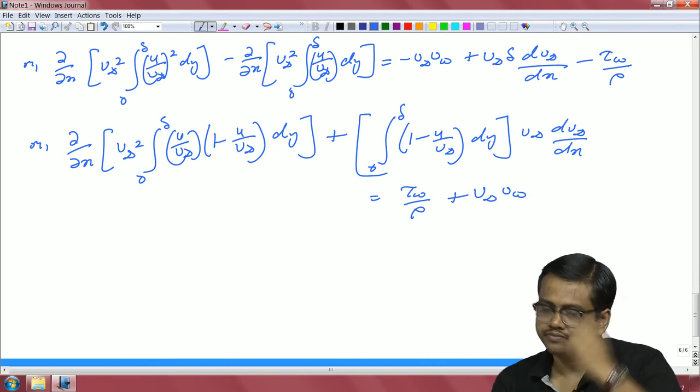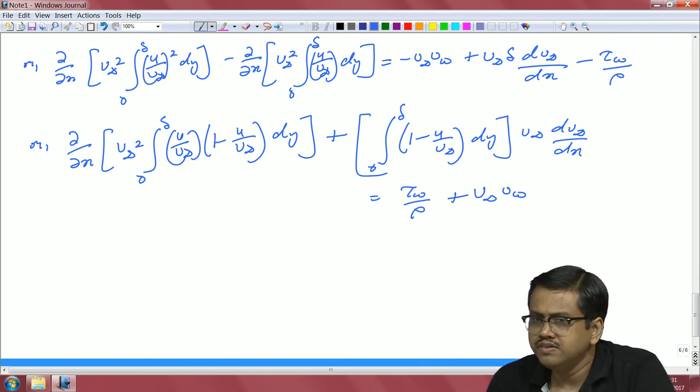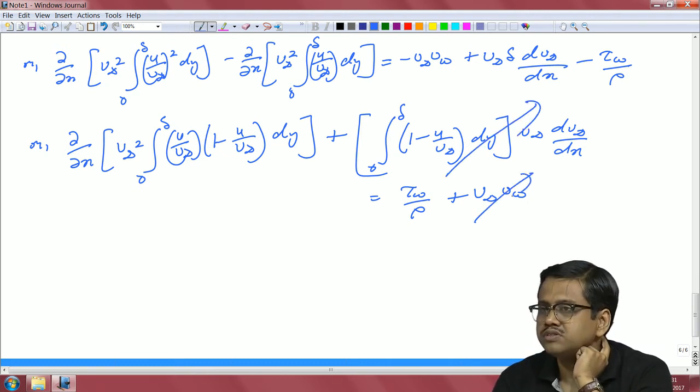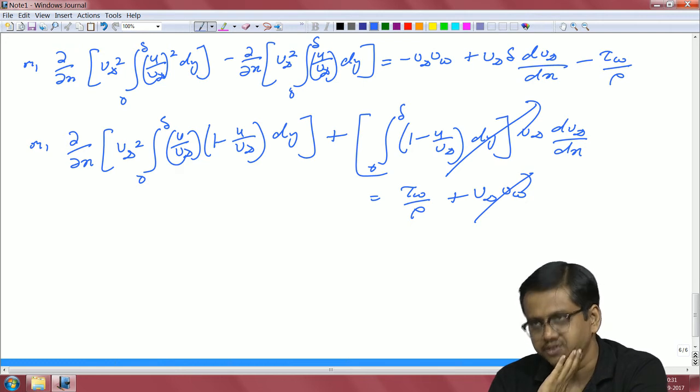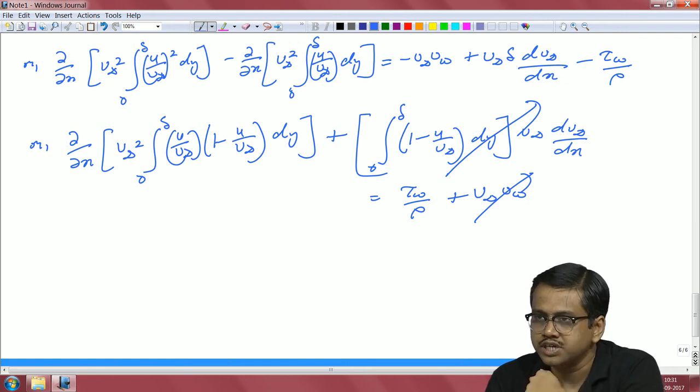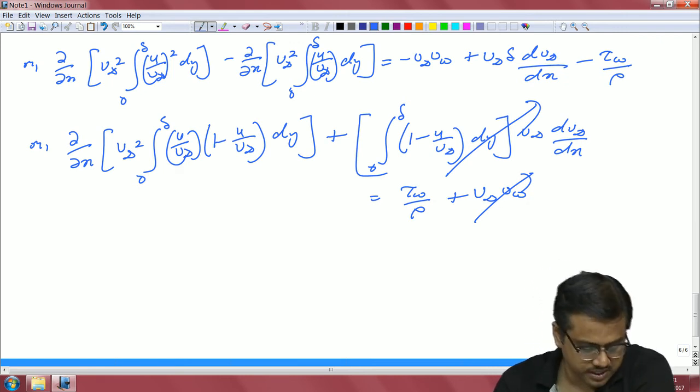Got it. Now, so this is the total form of this equation. Now, in many cases you will find that this will go to 0, this will go to 0. So, that will be the form that we will be left with, in the absence of any suction and blowing or in the absence of any variation in the free stream velocity.